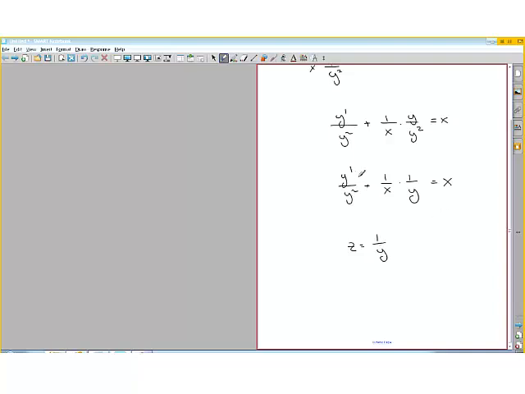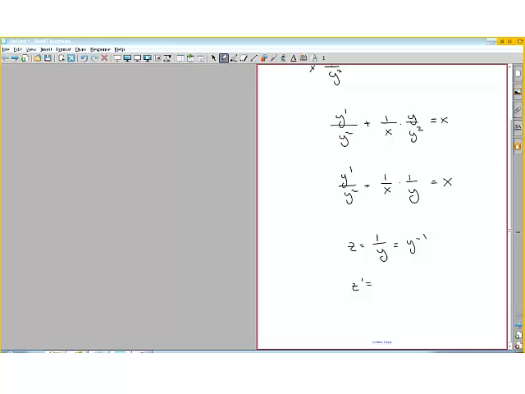Okay, I'm trying to remember, make sure I'm doing this right. Yes, that's correct, okay. So this part's going to be z. So if we took z prime, 1 over y is the same as y to the minus 1 power.